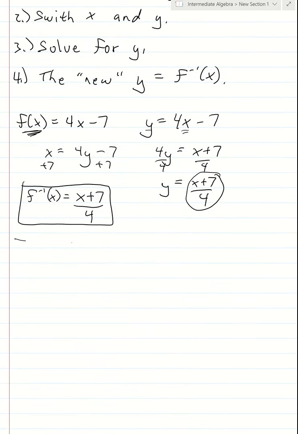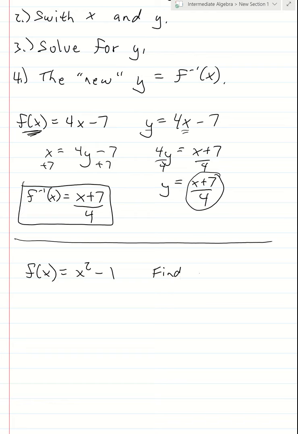Let's do another one. For example, let's say f of x is equal to x squared minus 1. Once again, we want to find the inverse function, and we will use our same 4 steps.